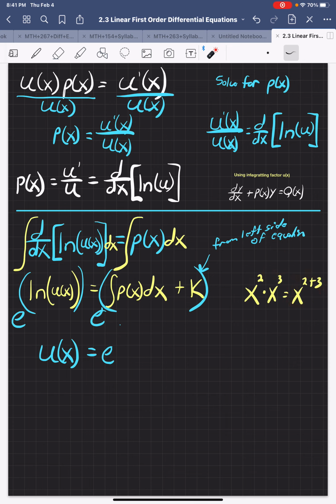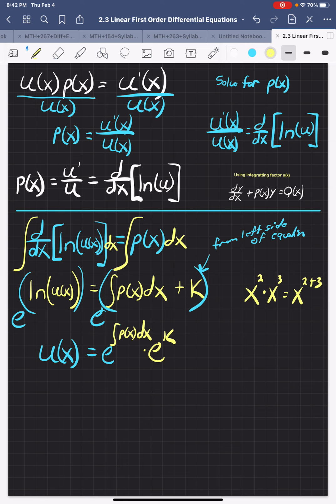So we're going to rewrite this like this. That's e to the power of the integral of p of x dx times e to the power of k.